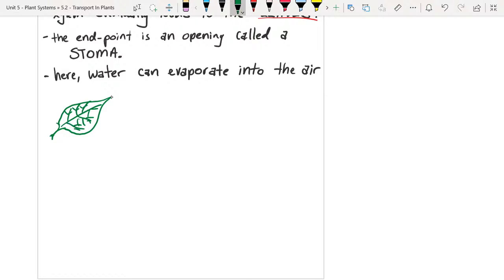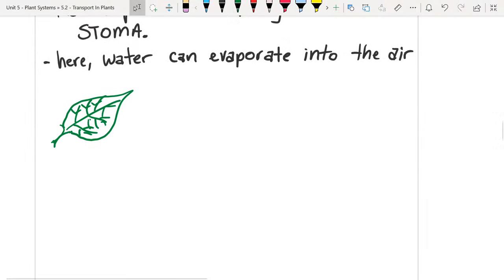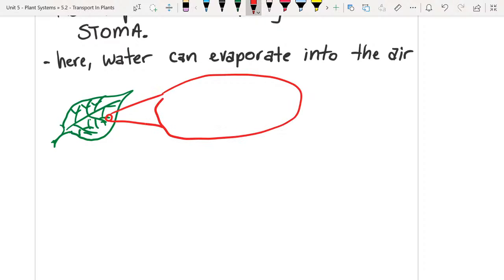Is this a monocot or a dicot, do we think? What would its roots look like? Not fibrous, it's a taproot. Very good. If we were to look here, what we would see is this. Here is the surface of the leaf, and then we've got this vessel that eventually goes all the way down to the roots.